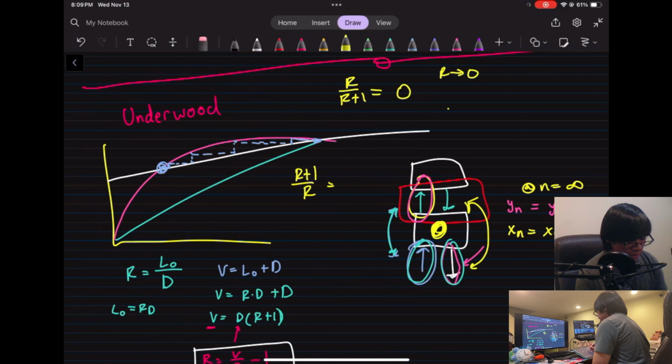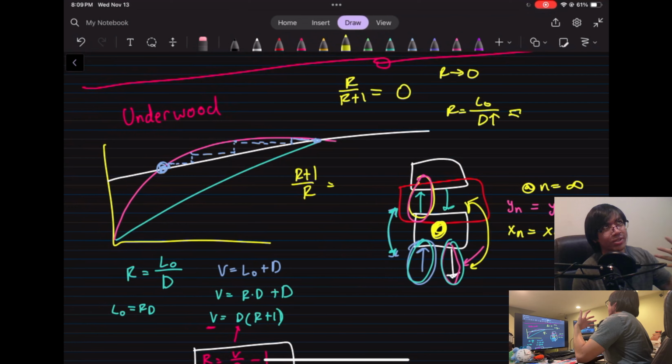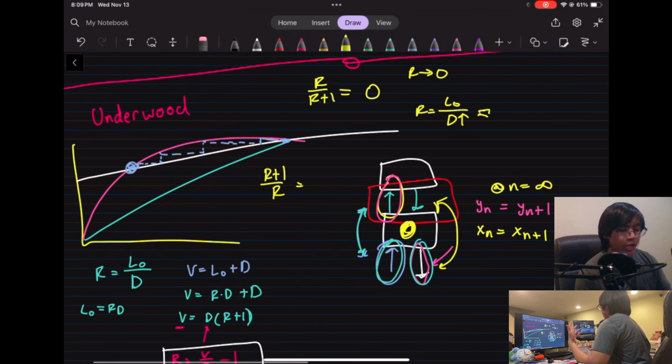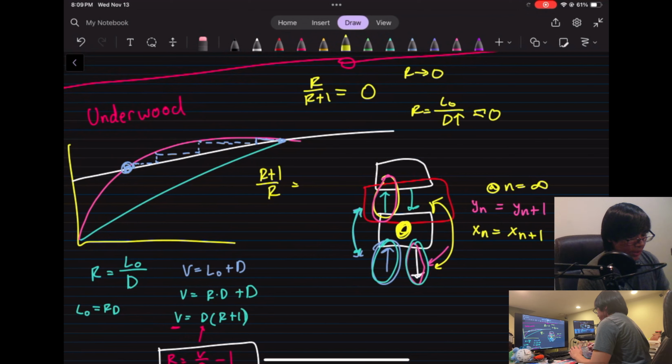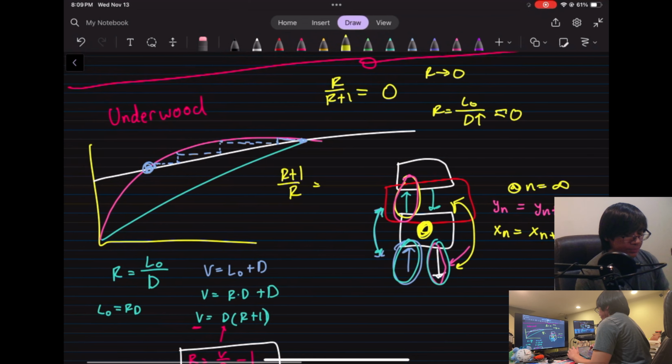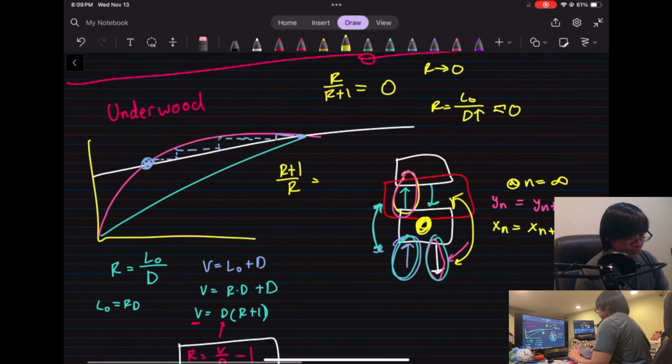Our reflux approaches 0 because we are making our distillate very big. If we keep increasing our distillate, then our reflux ratio approaches 0, which is a result of our operating line having a slope of 0.